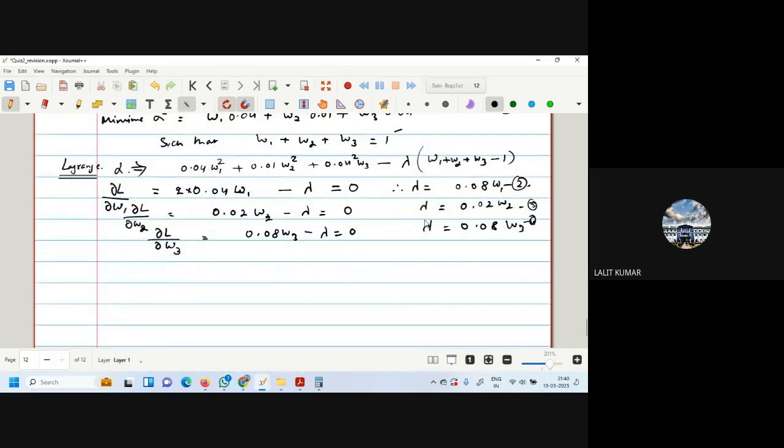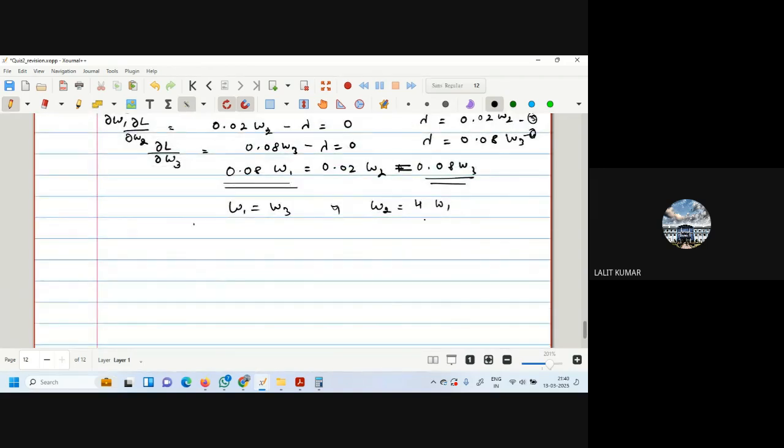So lambdas are equal, so 0.08 W1 is equal to 0.02 W2, which is equal to 0.08 W3. So W1 is equal to W3, and W2 is equal to 4 times W1.